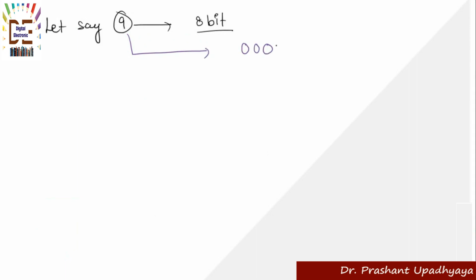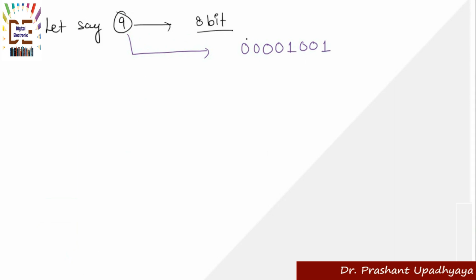Let's say I have the number 9, and I want to represent it with the help of 8 bits. How can I represent it? I can represent it as 00001001. So we have represented this as a 9.